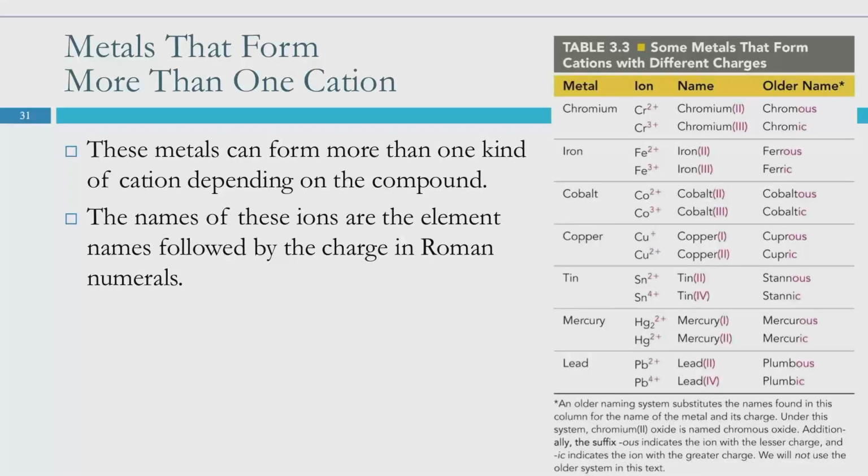So there's one system, the new system, stock notation. Thank you, Alfred Stock. The stock notation system is the one that shows up here under name. So for chromium, when it's a 2+ ion, we put a 2 in parentheses after it. So charge in parentheses after the name.